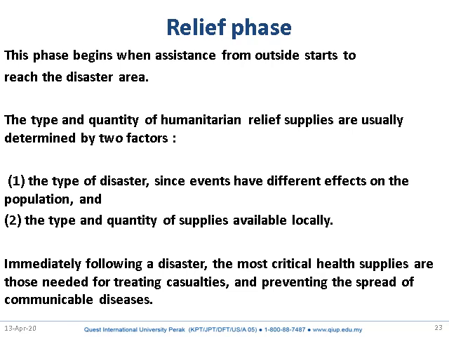Immediately following a disaster, the most critical health supplies are those needed for treating casualties and preventing the spread of communicable diseases. Those are the two things needed in most disasters. Medicines, health supplies needed for treating casualties, and supplies for preventing the spread of diseases like personal protective equipment.